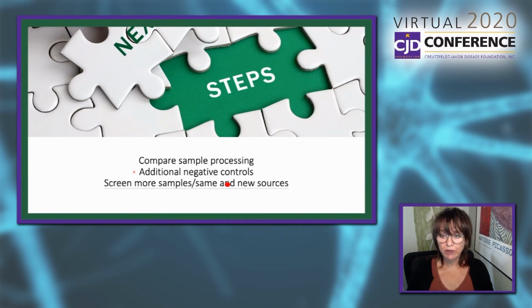Again, we just want to make sure that we are detecting the amyloid, the real target for this diagnostic assay. We want to screen more samples, and Dr. Appleby will be sending us more samples soon that we will put into this, and we're hoping to look more at samples from those that have genetic mutations that portend prion disease. We'll also be looking at samples from other sources across the nation.